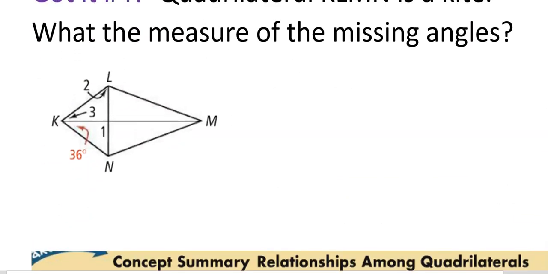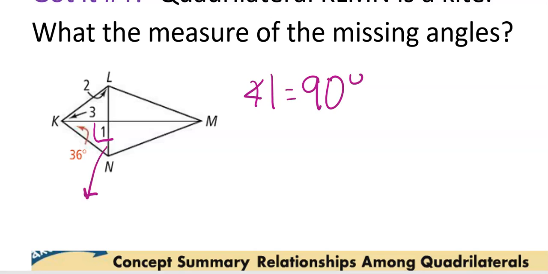So we want the missing angle. Angle 1 is a right angle. What is angle N? How do we find that? They're not asking for it, but I want to know what it is. What do we subtract from?